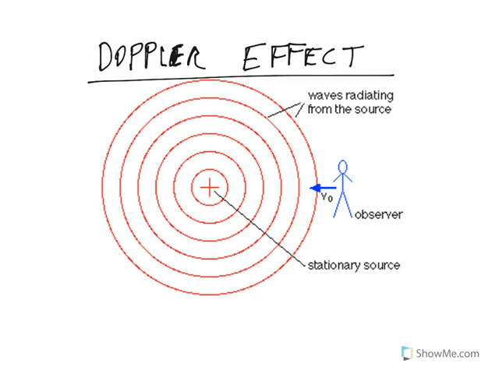In this case, the wave source is stationary, sending out circular waves, and our observer is moving through. Because the observer is moving through, the observer gets to the next wave earlier than he would have if he had just been standing there.